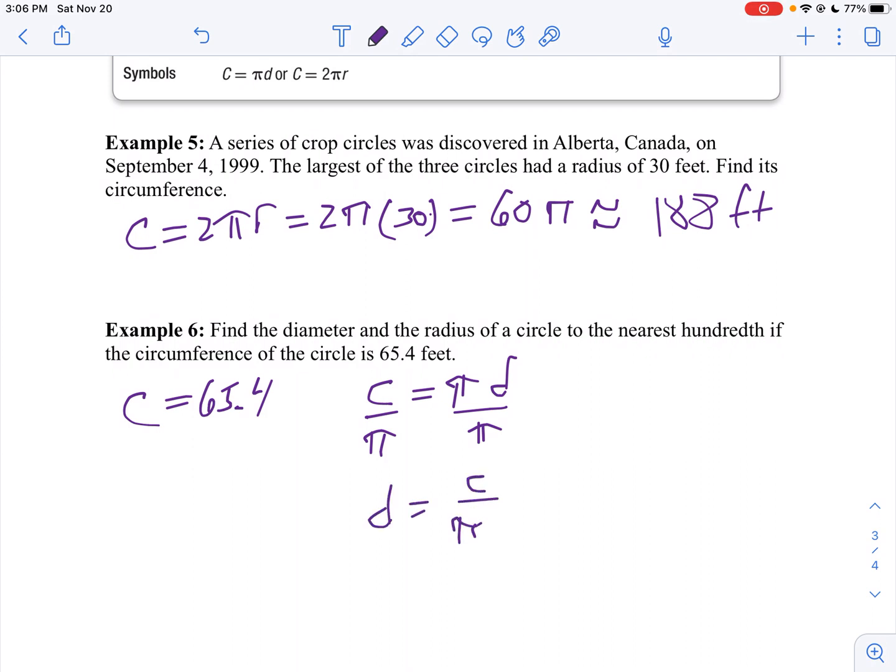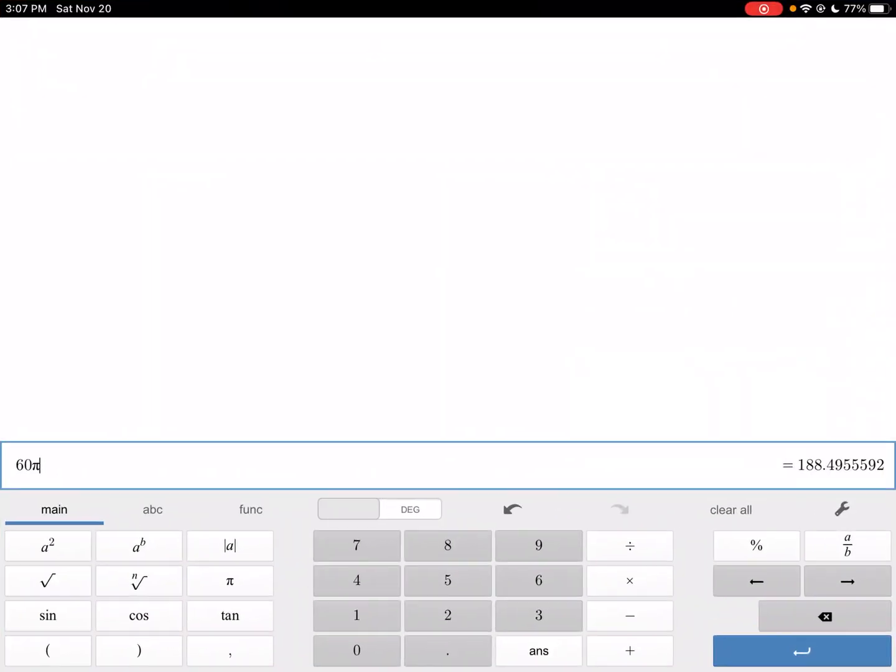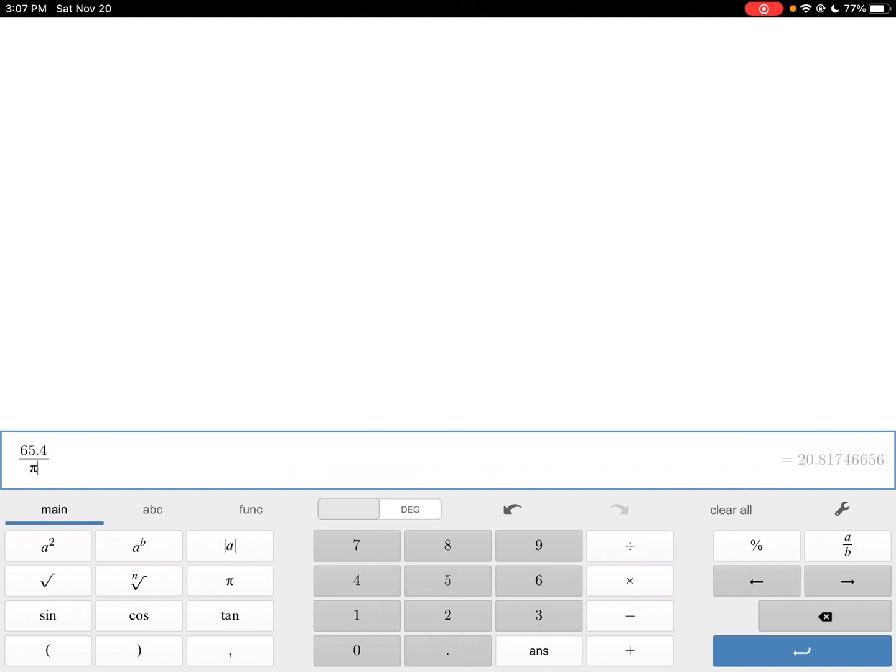In this case, I know my circumference is 65.4. I'm going to divide that by pi. So I'll use my calculator now, and then I'm going to round this to the nearest hundredth. So if I take 65.4 and I divide that by pi, I get 20.82.